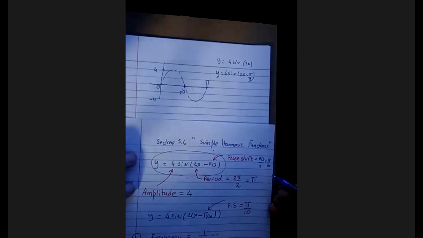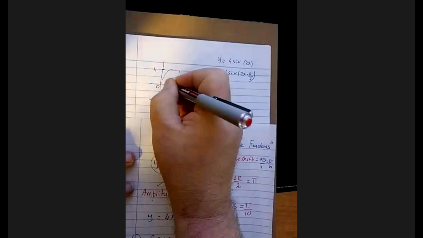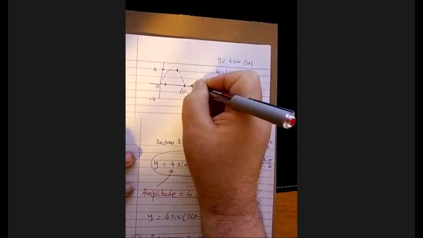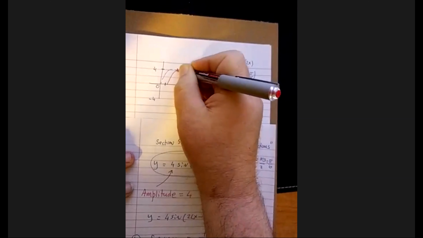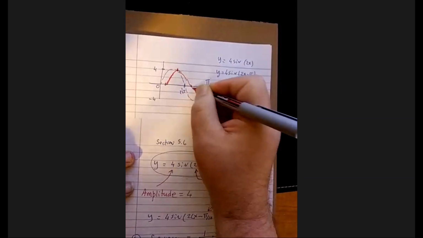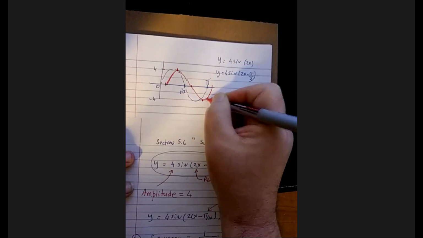Now the phase shift in this case was plus pi upon 6. That makes everything here move pi upon 6. Oops. Right. So the red guy is him.